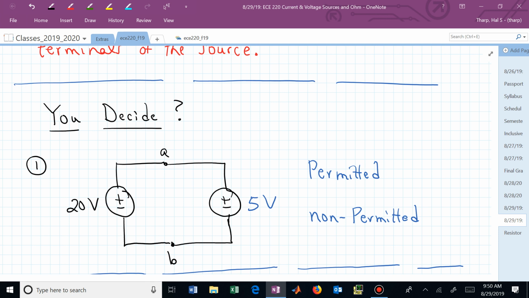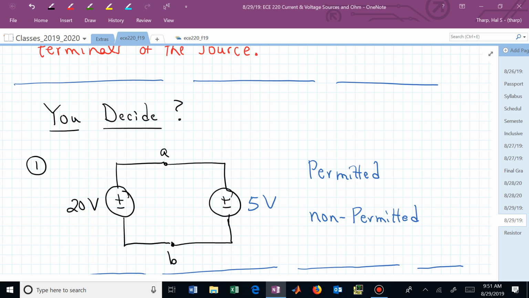All right. How many think it's permitted? How many think it's not permitted? So now it's actually not permitted, because we can't force A to be at two places at the same time. A can't have two values and still be one point.